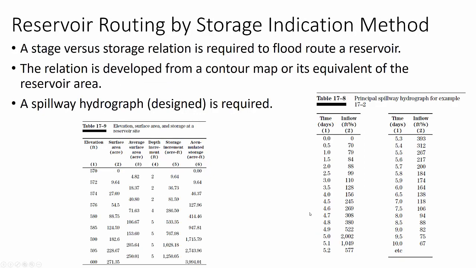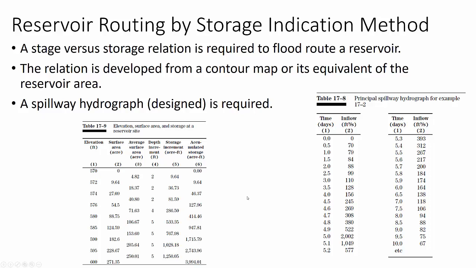So the storage indication method, which we saw earlier, is also a way to do stage versus storage relationships. It's based upon available area for storage, using a contour map or a digital elevation model with a spillway hydrograph. If we know at a given stage we have an amount of storage, we can allocate that directly to the storage.